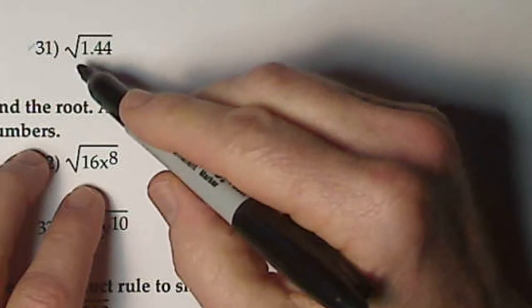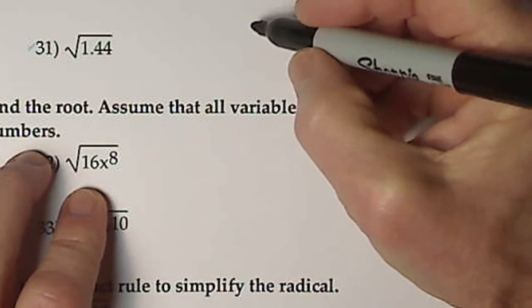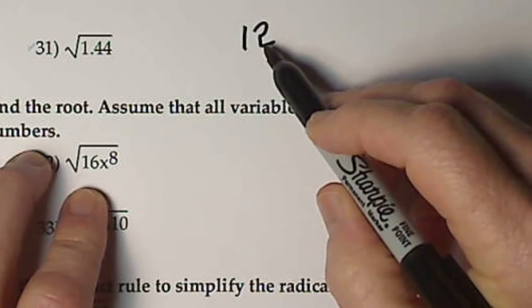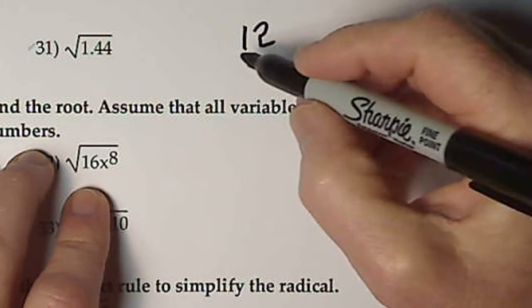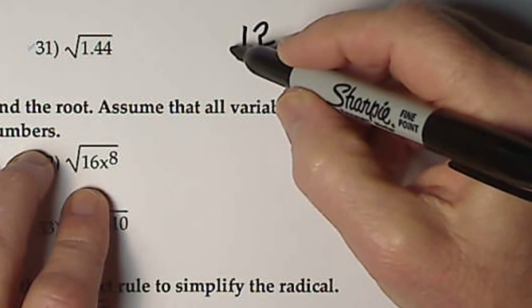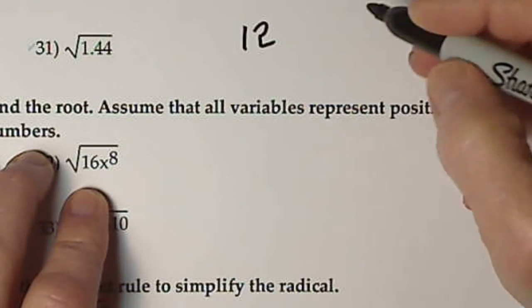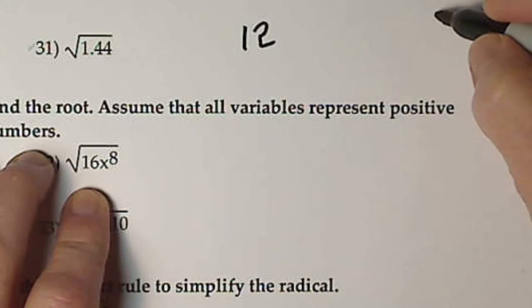So initially just ignore it. The square root of 144 is 12. Okay, 12 times 12 is 144. And if you had 0.12, or 12 hundredths, when you multiply, let me show you what happens here real quick.